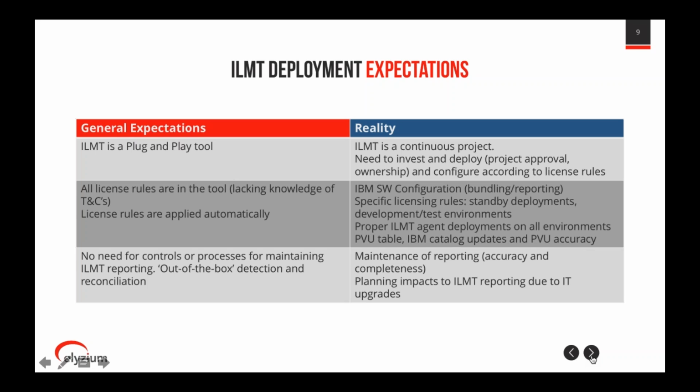There are also different versions of, say, DB2 that are licensed with different versions of other IBM products. Those licensing rules are found in IBM's license information documents for every single product. That's available on the web. But these rules are not in ILMT. So you have to go in and make sure that you're using the right versions.